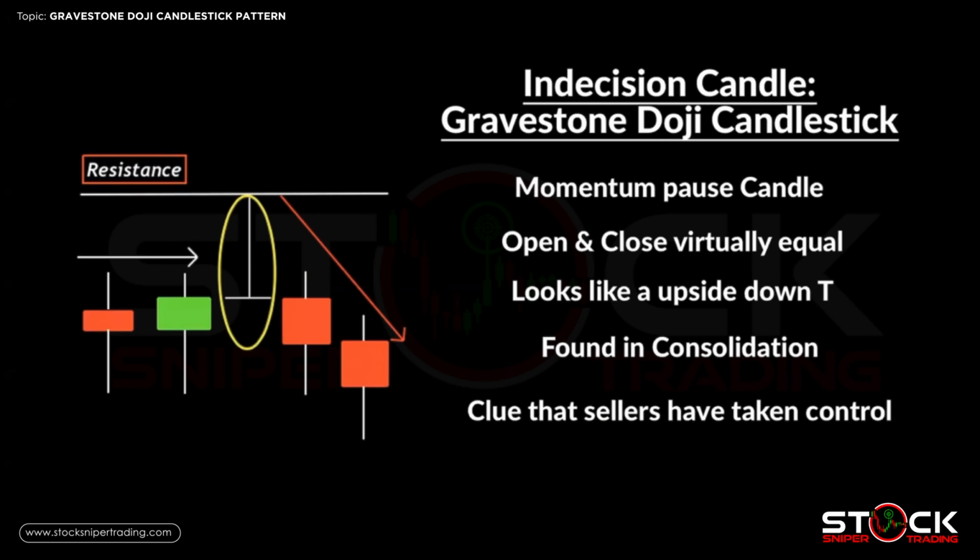On the left, we can see that we have an area of price action where buying momentum pushes the price up to a level of resistance, where we do encounter some selling pressure. The sellers push this candle all the way down to where it virtually opened, and it is easily identifiable with the long upper wick, and it looks like an upside down capital T, where the opening price pushed it all the way up.